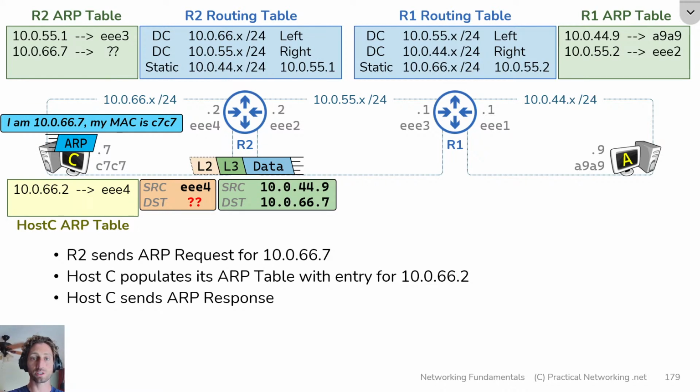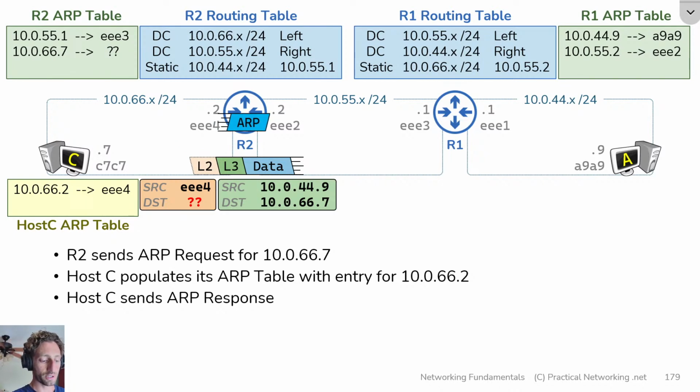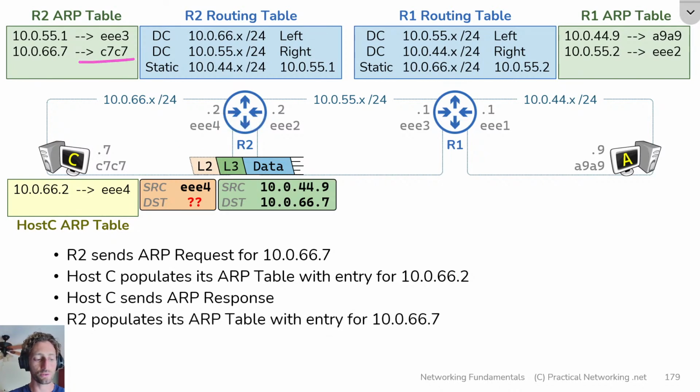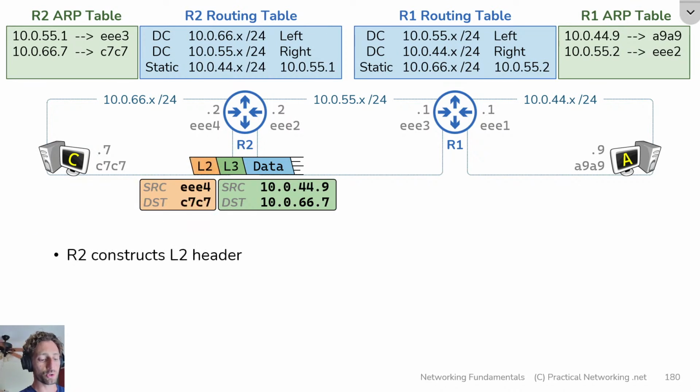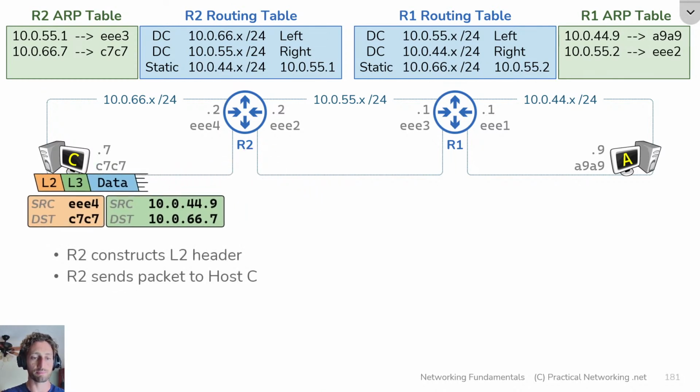That ARP response will include the mapping that the router was looking for. Once that gets to R2, R2 will then populate its ARP table with the appropriate MAC address, and then R2 will finally be able to put together a layer 2 header which correlates to the IP address 10.0.66.7, and that's what's going to get this packet from R2 to host C.